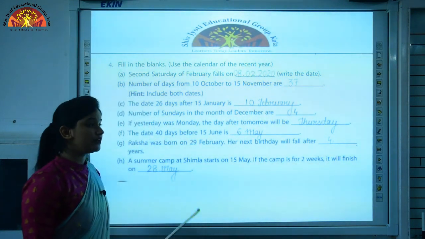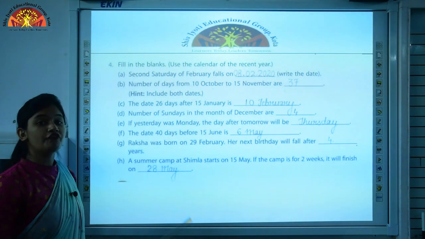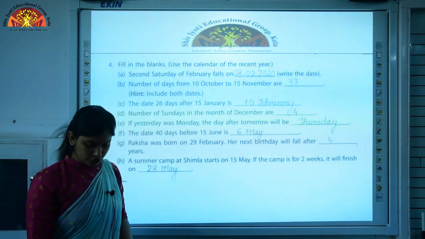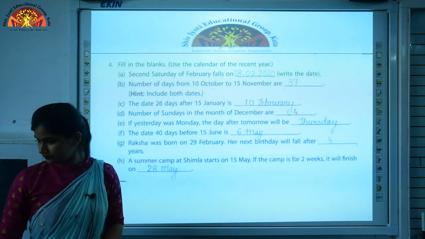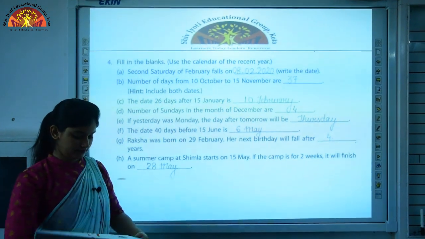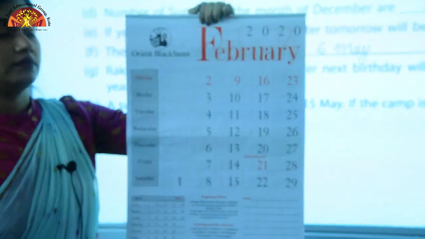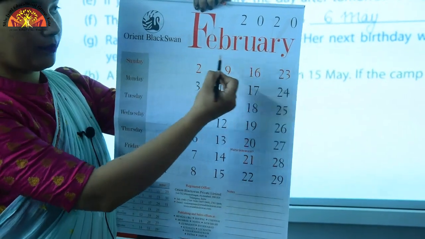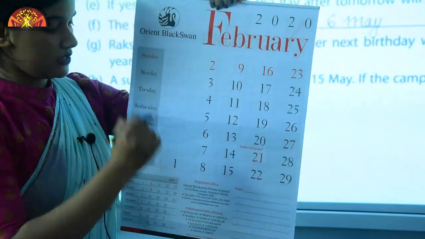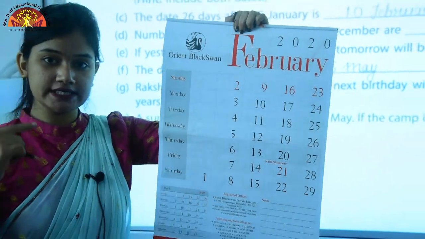It means students we have to find when the second Saturday is coming in the month of February. So now we have to use this calendar. In the month of February in 2020, first of all we have to see when the first Saturday is coming.